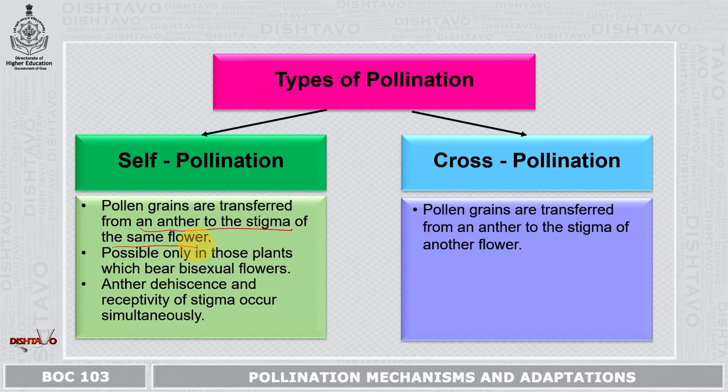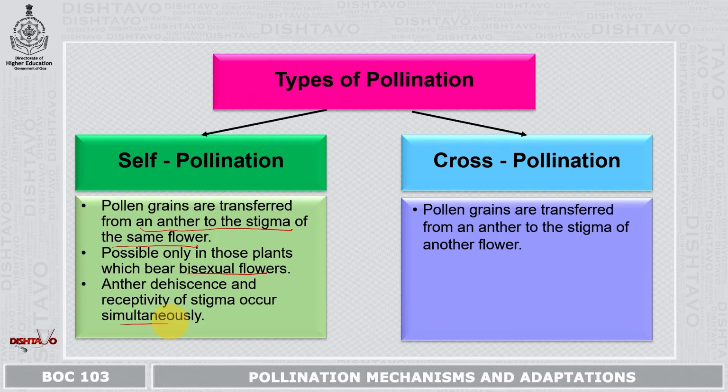Now this is possible only in those plants which bear bisexual flowers, that is, it has both androecium as well as gynoecium. In self-pollination, anther dehiscence and receptivity of stigma occur simultaneously.